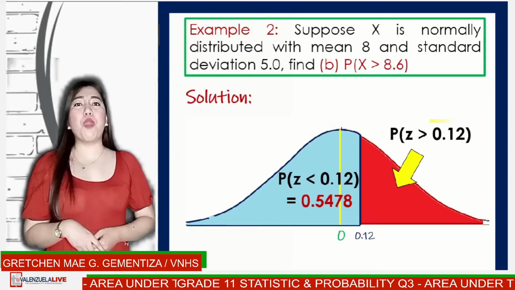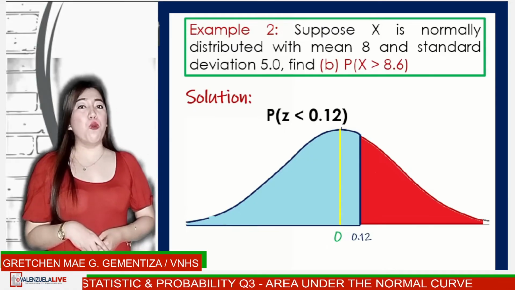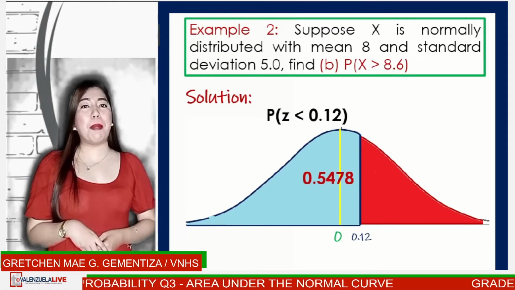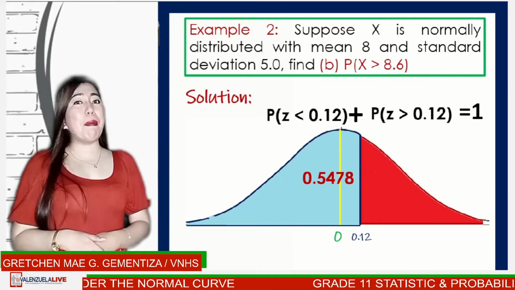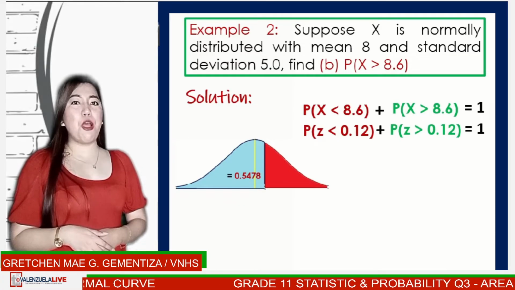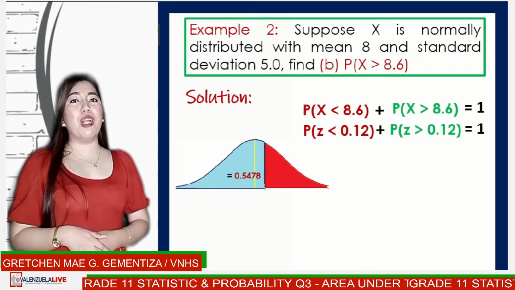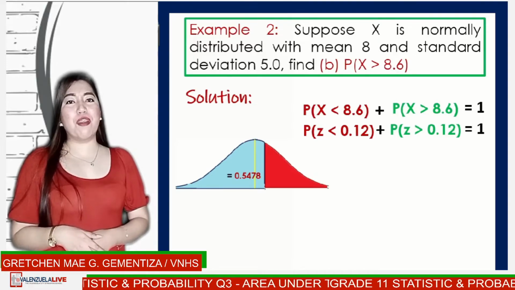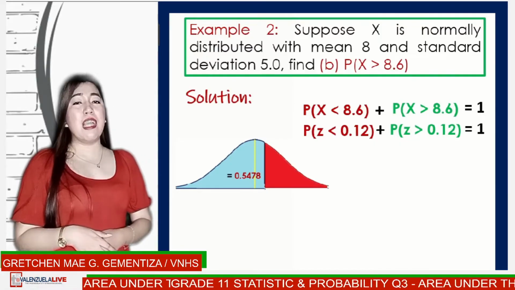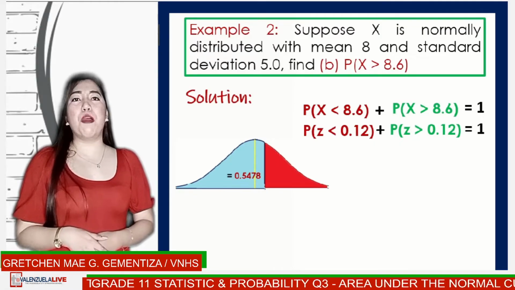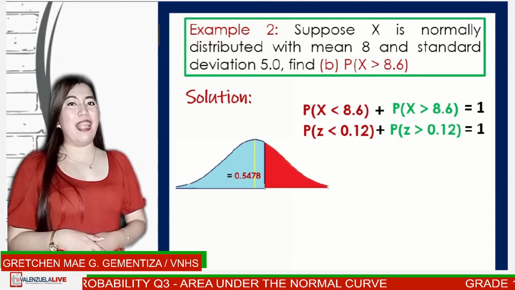To solve this, we will apply one of the characteristics of a standard normal distribution, which says that the total probability of a standard curve is equal to 1. Therefore, the probability of x less than 8.6 plus the probability of x greater than 8.6 is equal to 1. Since we already converted the x values, we now have the probability of z less than 0.12 plus the probability of z greater than 0.12 is equal to 1.